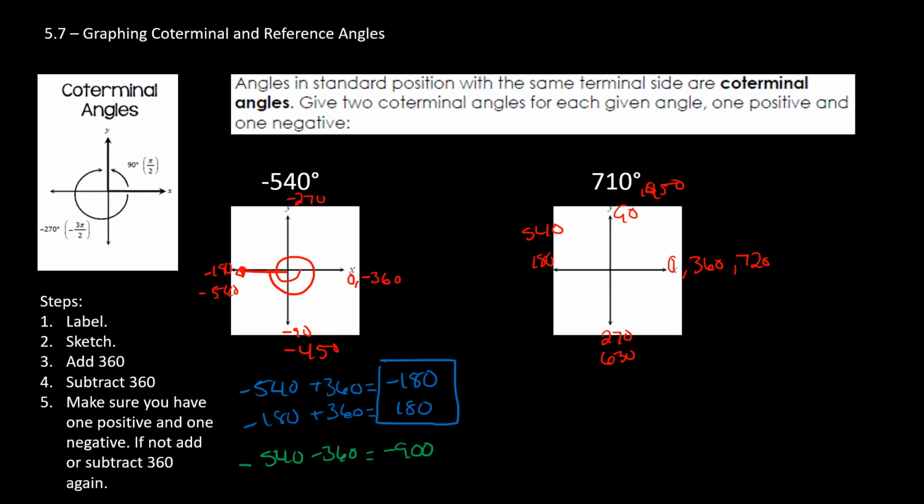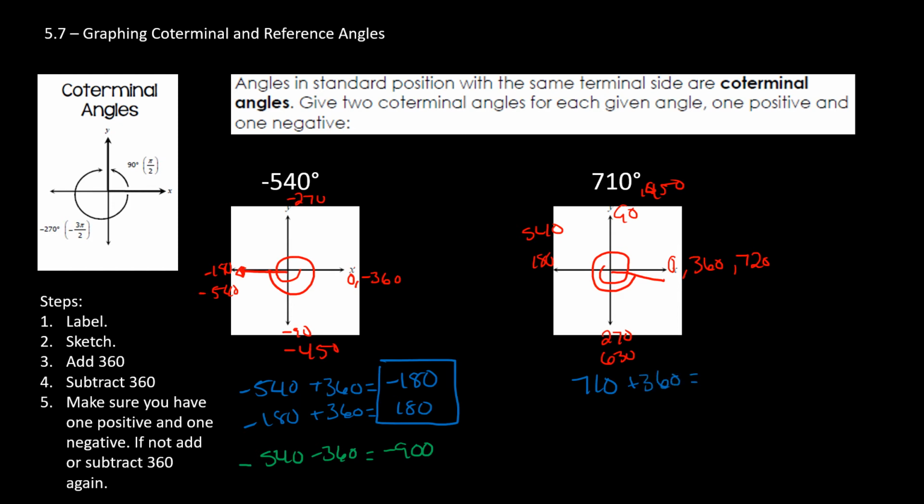Well, 710 is right before, so we're coming here. So what's happening is we do one whole turnaround, one loop, and almost there. We stop. Same steps. We're going to take that 710 and we can add the 360.